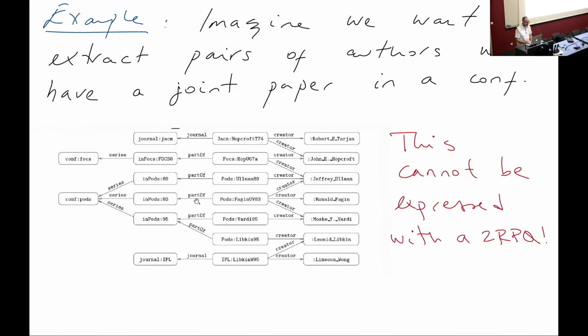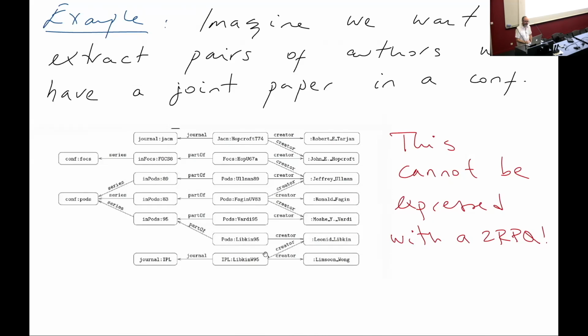We have to check that there is an outgoing edge part of from this paper. And then we would like to traverse back to check the other author, right? But the problem is that when you traverse back, like we do here, you may go to a different paper.